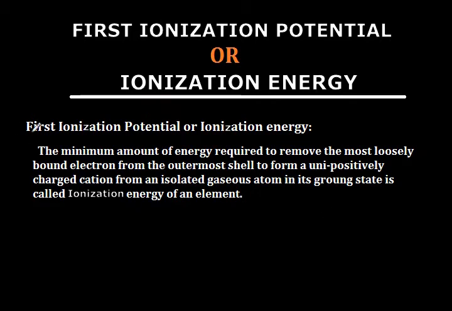Keep in your mind, it is involved with isolated gaseous atoms. The most important information is that it is for isolated gaseous atoms, and it is the minimum amount of energy.